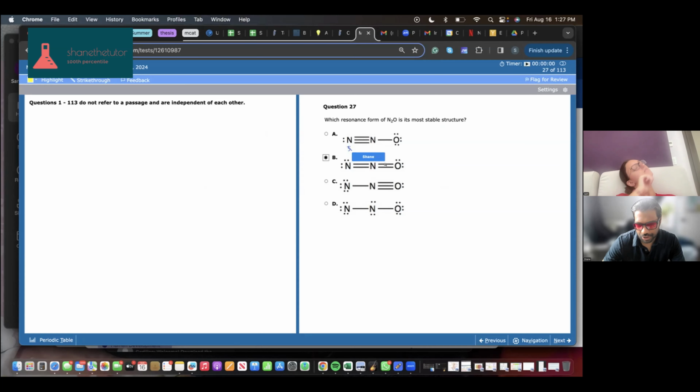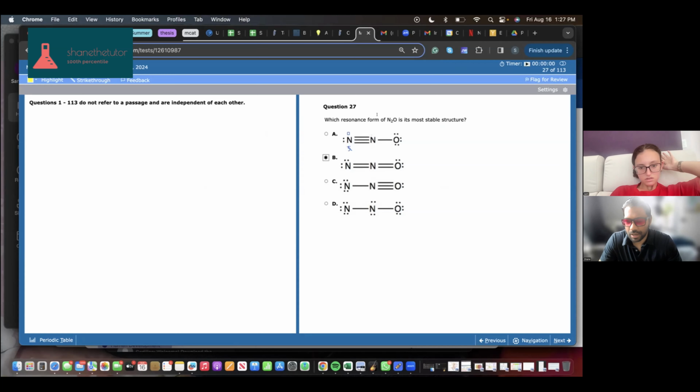So the charge on this is zero. For the second nitrogen, we have four bonds, and with five valence electrons, we have one left over, so it would have to lose one to make the four bonds. So this would be plus one.